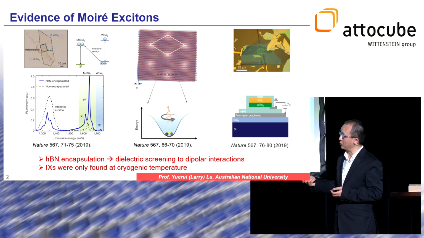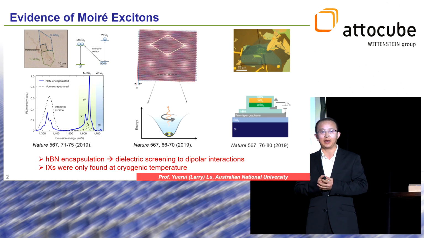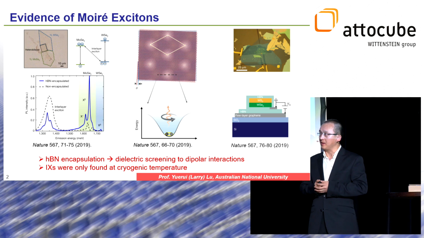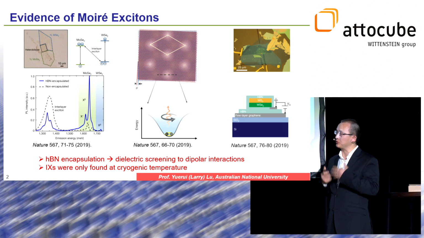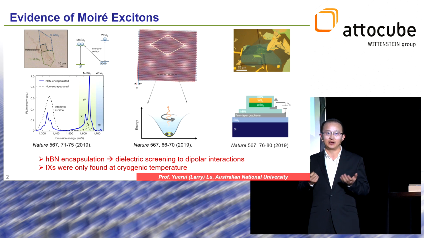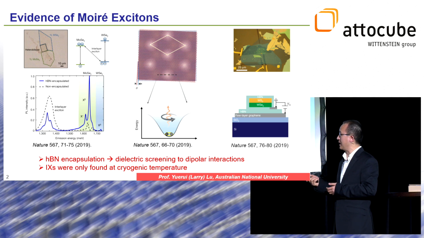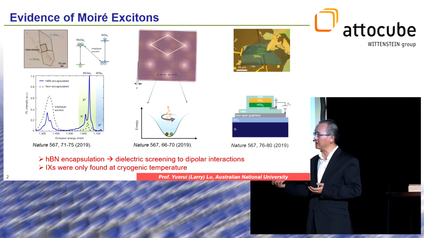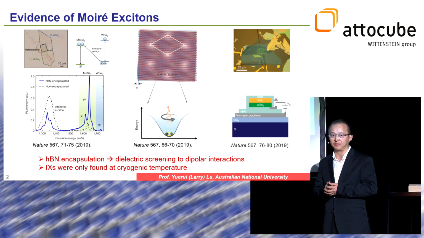That's why people normally need to use hexagonal boron nitride to encapsulate the heterobilayer to remove the influence from the defect states. But the extra hBN encapsulation introduces a larger amount of dielectric screening to the system, which can influence the dipolar interactions. That's why people can only see the interlayer excitons at very low, cryogenic temperatures.